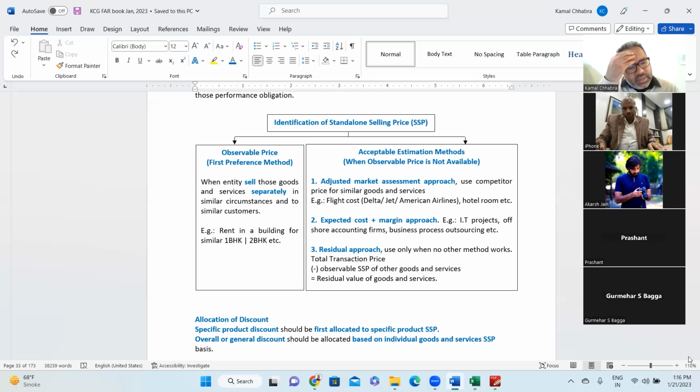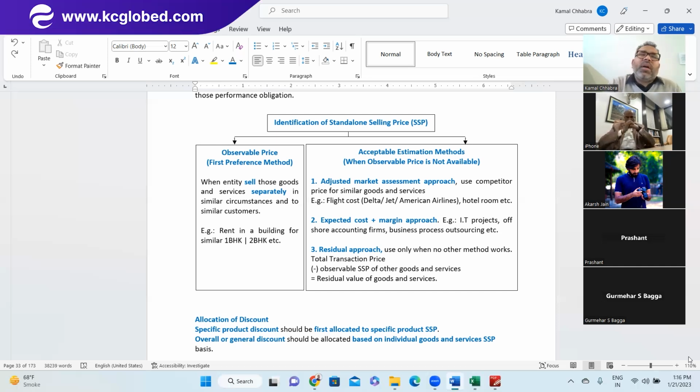Maybe you have set up a startup and come up with a new drone manufacturing setup in India. How do you identify the price, and what would be the right pricing of the drone in India? You'll see the competition price, which is how much is the pricing of the US company landing in India, or a Chinese company, or Israel companies landing in India.